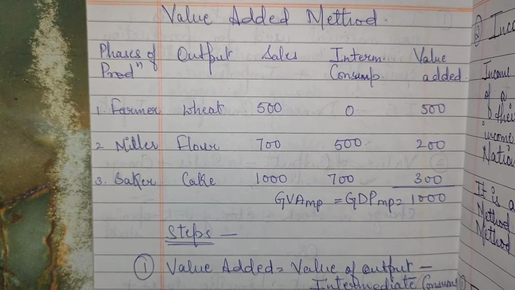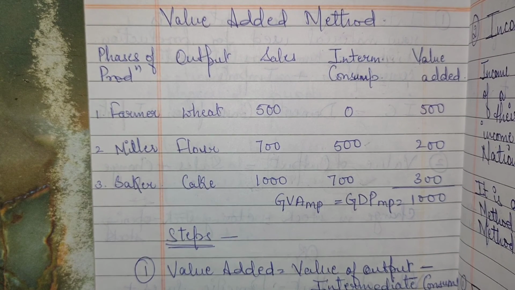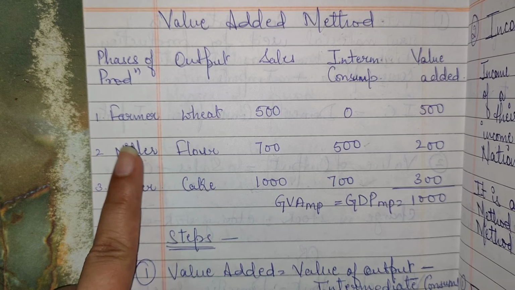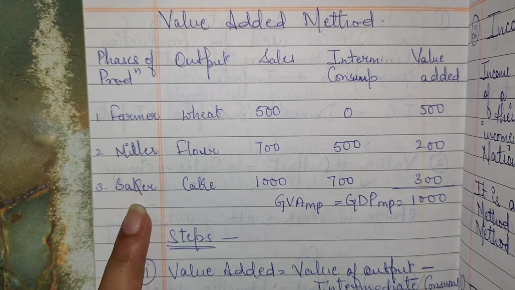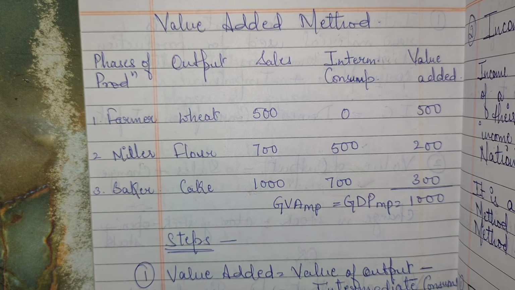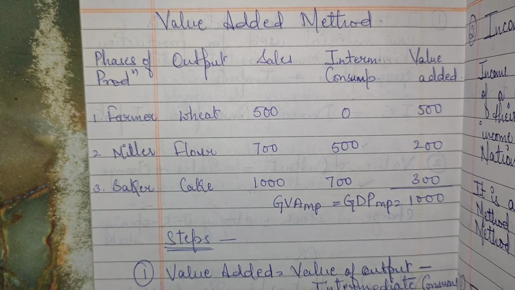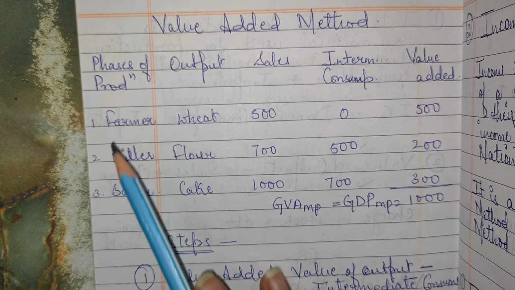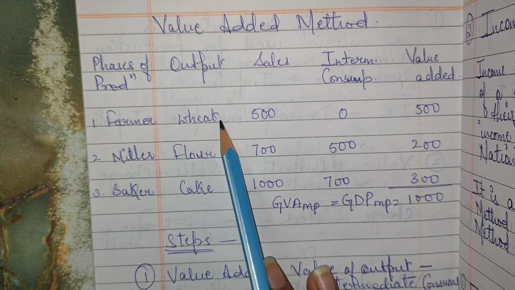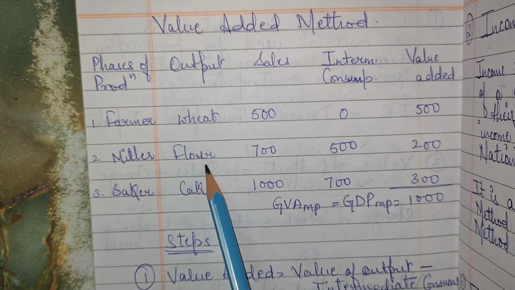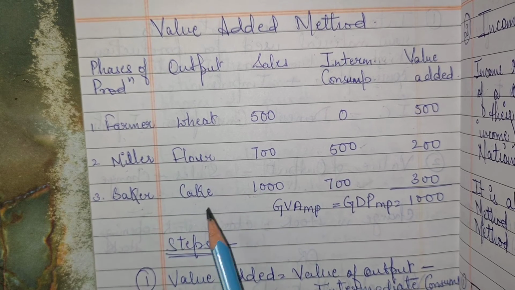Now there are three different phases of production that is given. Firstly, it's the farmer, secondly is the miller, and thirdly is the baker. And the output that each of them is giving, that is, farmer is giving wheat as an output, miller is giving the flour as an output, and baker is giving the cake as an output.